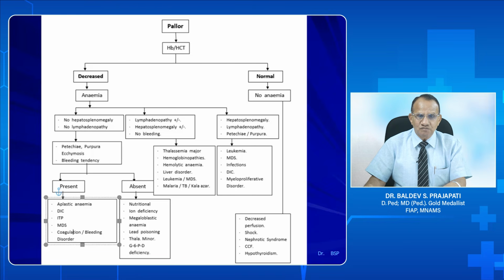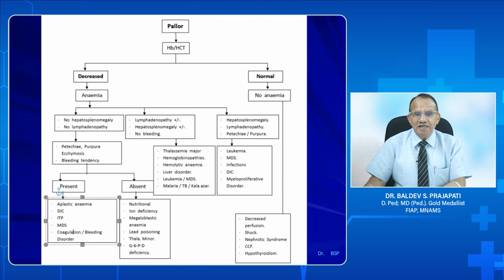If you find lymphadenopathy and hepatosplenomegaly present but no bleeding manifestations, then the most common reasons may be thalassemia major, some hematological conditions, maybe hemolytic anemia, some liver disorders, leukemia, myelodysplastic syndrome, malaria, tuberculosis, Kala-Azar-like infections.